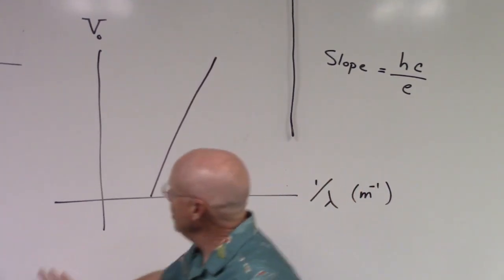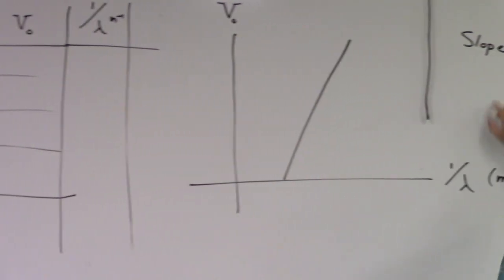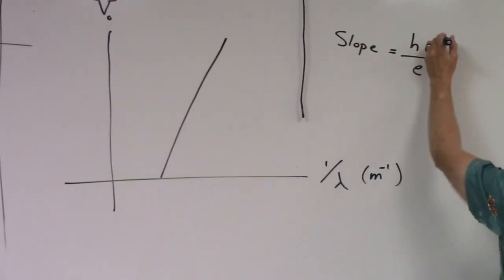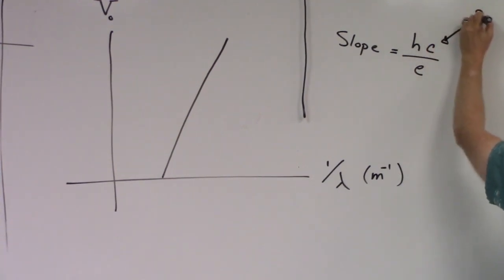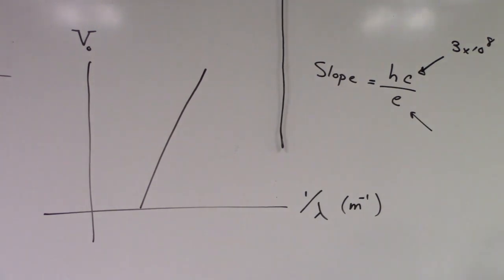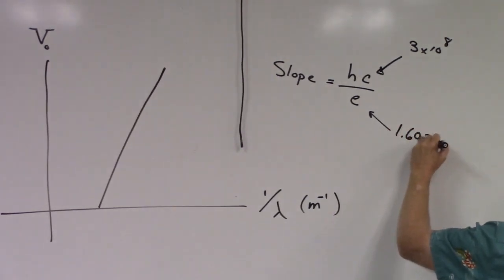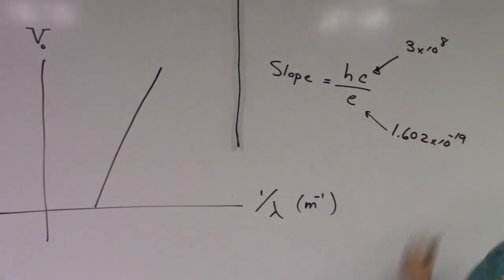Once you put it into this table and you get that slope, set it equal to here, because we know the speed of light is 3 times 10 to the 8th, and we know the charge of the electron is 1.602 times 10 to the negative 19.